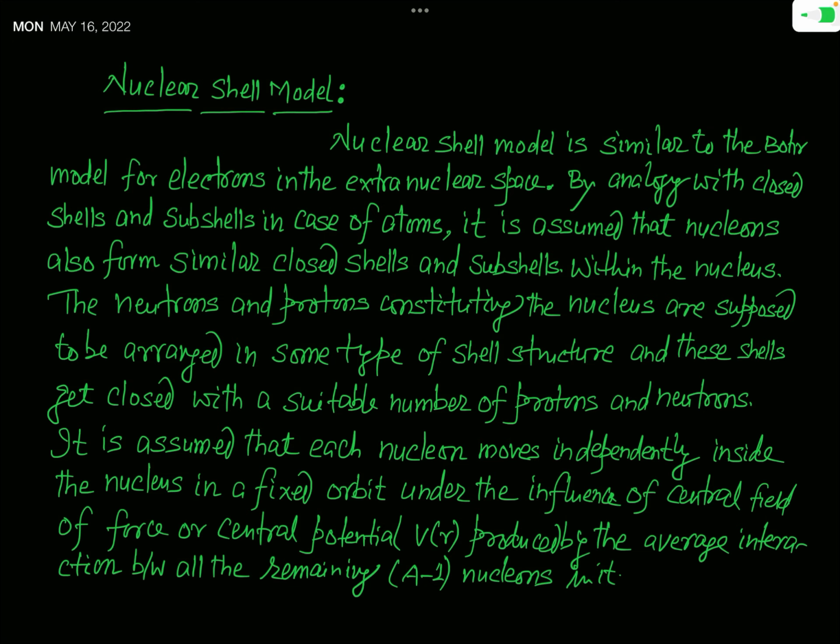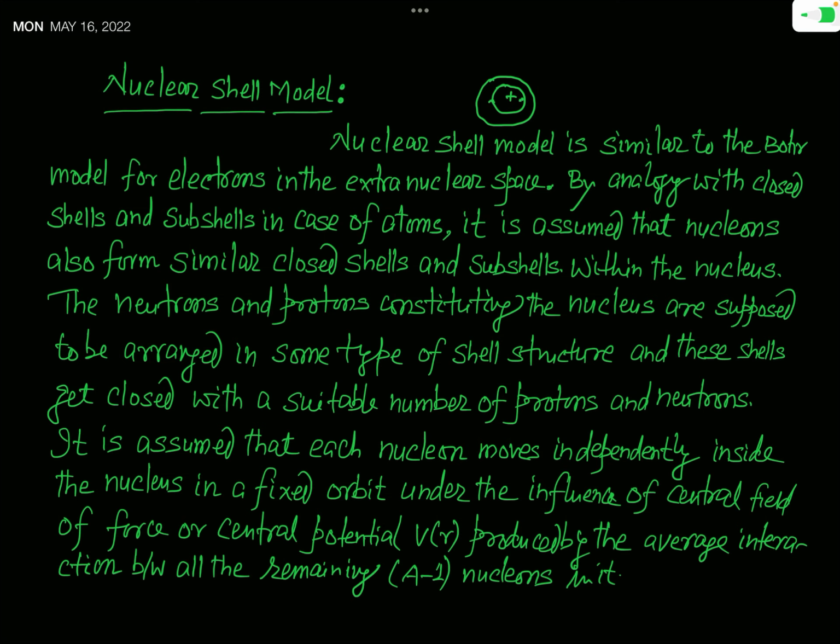So what is the main idea of this nuclear shell model? In fact, you have definitely studied the Bohr model of atoms in atomic physics. In the Bohr model of atoms you have studied that in an atom there is a positively charged nucleus, and about that nucleus electrons revolve in different circular orbits due to the electrostatic attraction of the nucleus.